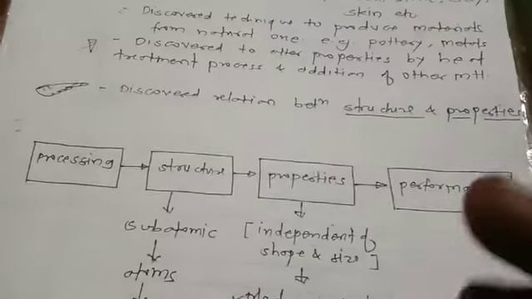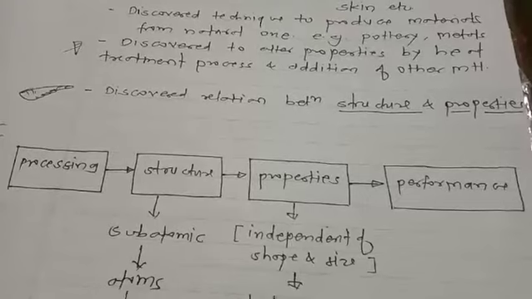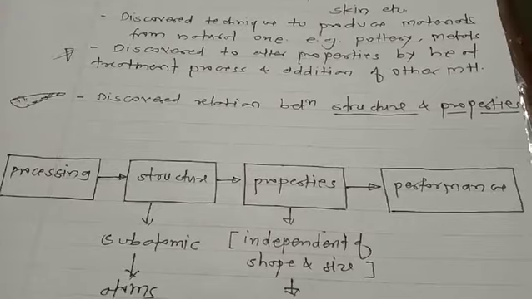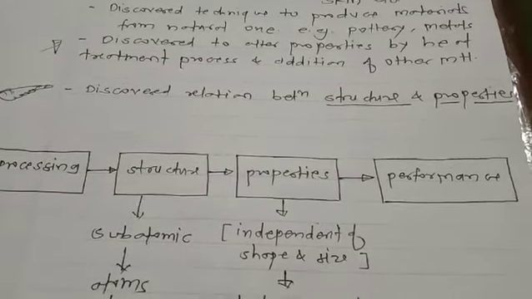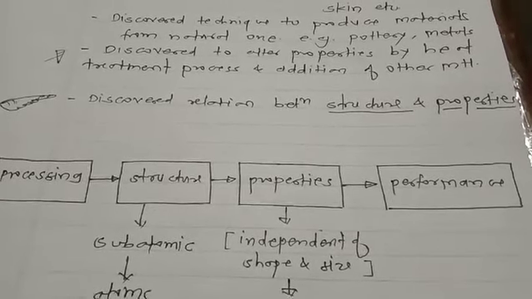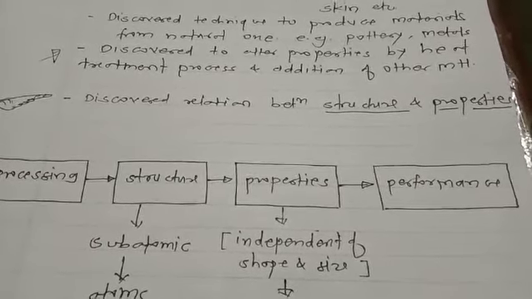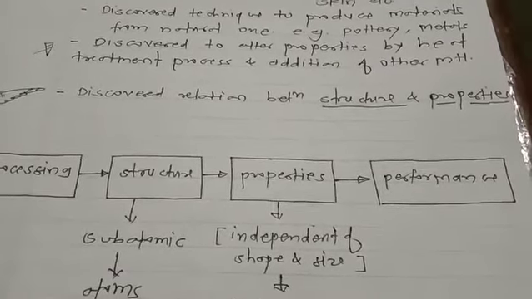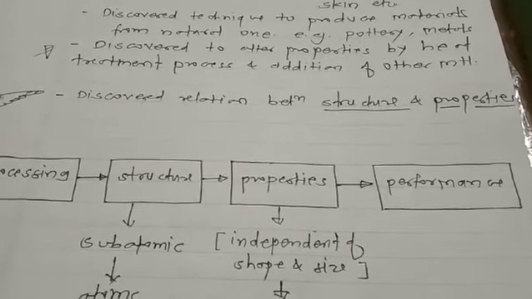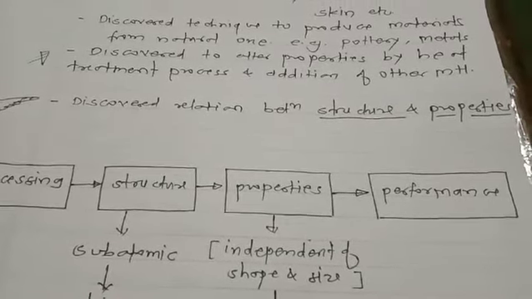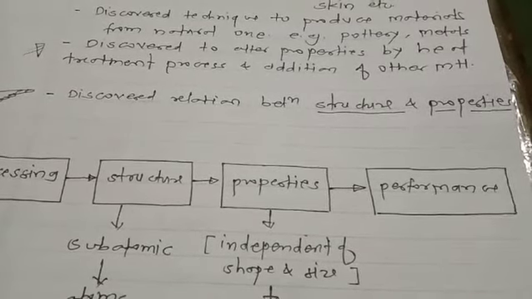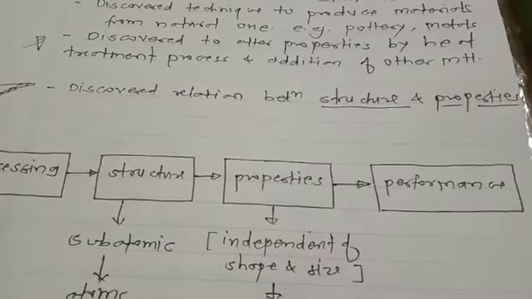Already we have gone through this in physics, those who are from 12th standard or first year engineering: structure will be different types of crystal structure that we have seen, right? If you change the structure, then definitely there will be a change in the properties, right? And if the properties are good, the performance of the particular object or material is good.